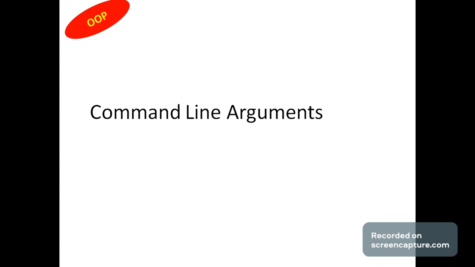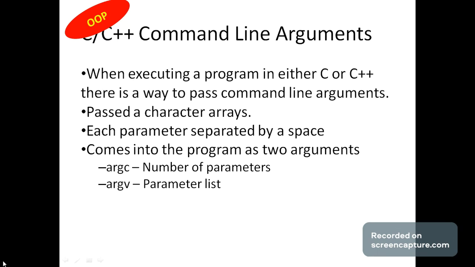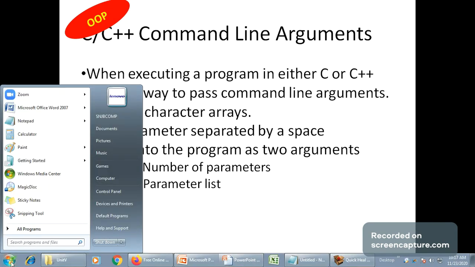In the coming lecture we are going to see about command line arguments, but let me tell you about command line arguments. What these command line arguments are: whenever you want to pass certain things through a command prompt, मतलब आपके पास अगर Windows नहीं है और आपको सिर्फ DOS का command prompt है और आपके program को कुछ commands पास करनी है, so you have to use command line arguments. Now I'll show you this.